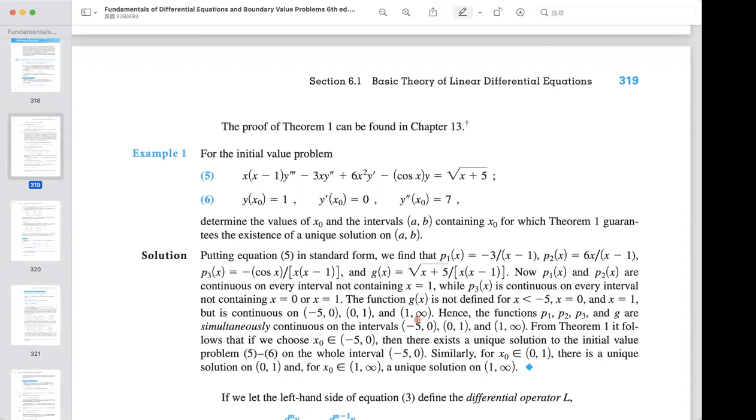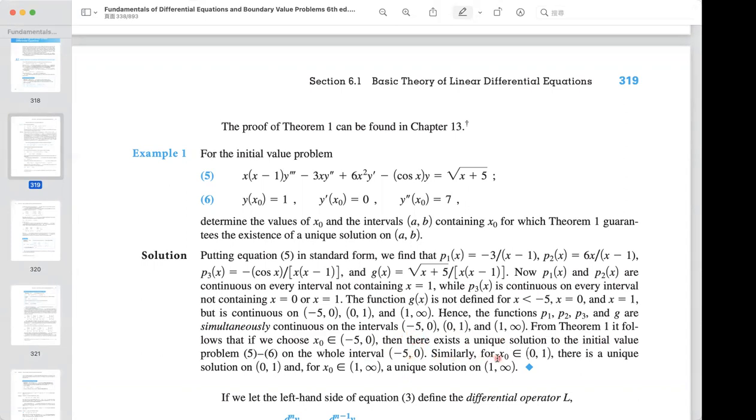Okay, and functions P1, P2, P3, and g are simultaneously continuous only on intervals minus 5 to 0, 0 to 1, and 1 to infinity. Okay, so we can only choose one of these three intervals. For example, if your x0 is located between minus 5 and 0, then the interval should be minus 5 to 0.